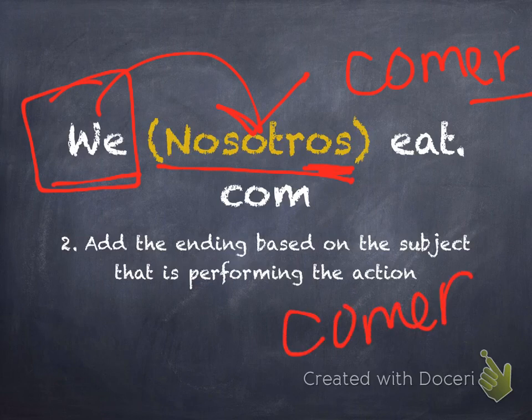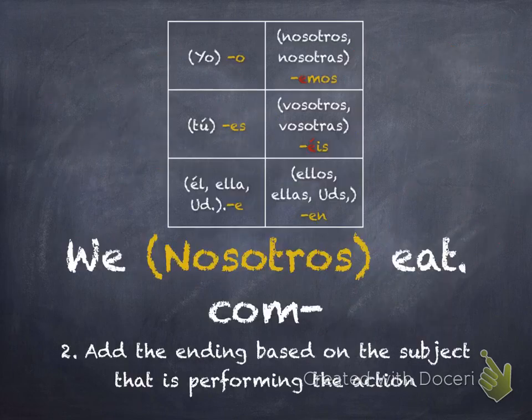Now we also know that this ends in ER. So there's an E here. That's our clue to then tell us what the mos is going to have in front of it, right? Ends in E, so we're going to have the emos. Here's our little chart to remind us of the ER. We have the o, es, e, emos, éis, en. So we have the we part.